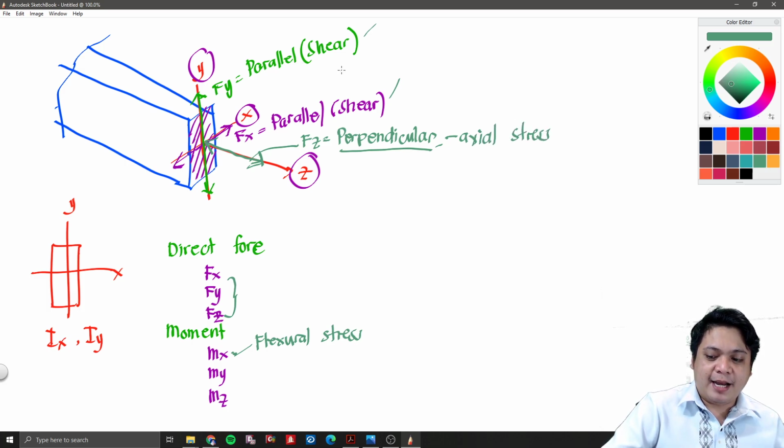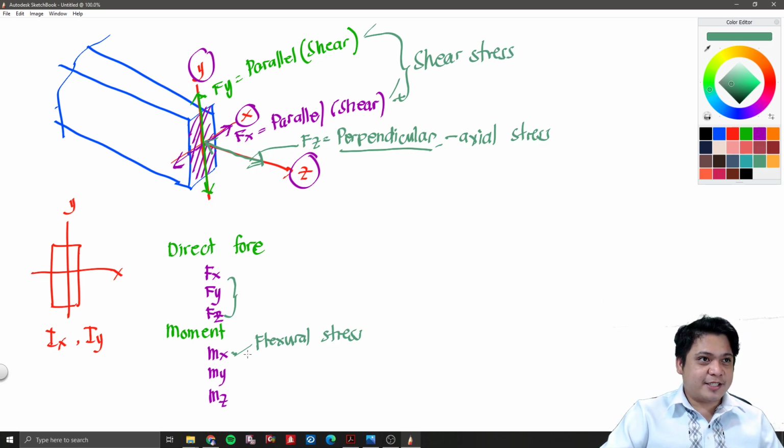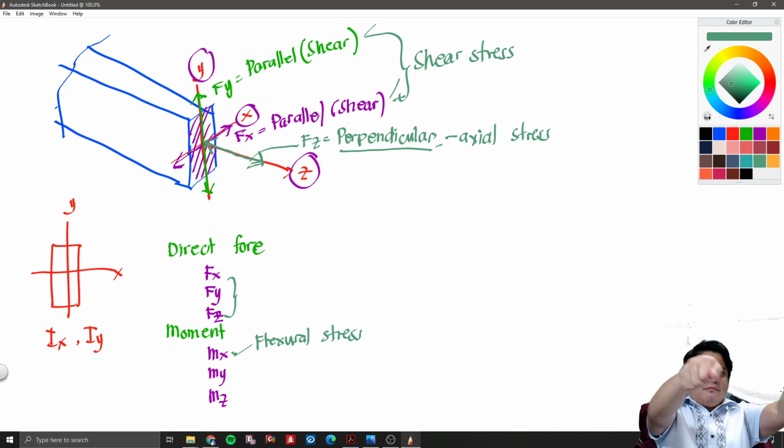We have parallel, we call these two as shear stress. Okay? And then we have here the flexural stress. Both, because MX is like this, okay, like that, downward.